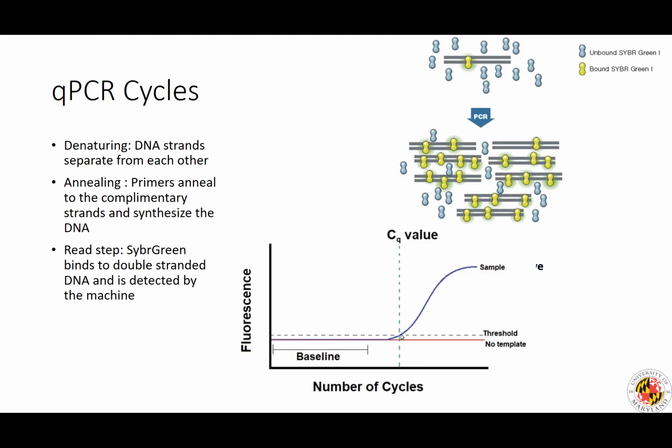At one cycle, for the first time, the machine detects the emission light. That's the Cq value. They call it the Cq value when the detector first sees the emission light, the fluorescent dye.